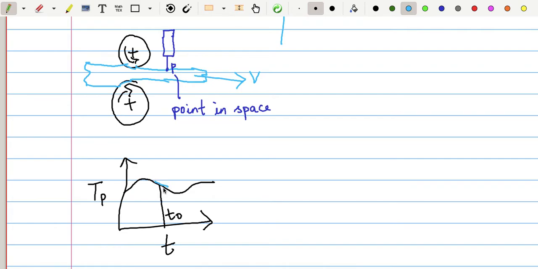It will be this particular slope over here, which is negative. If this angle is alpha, then tan alpha would be equal to dT by dt.